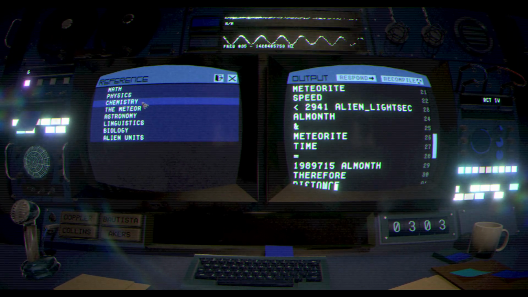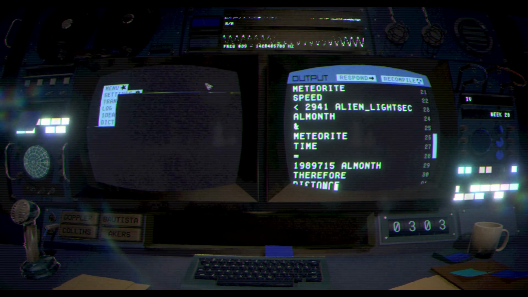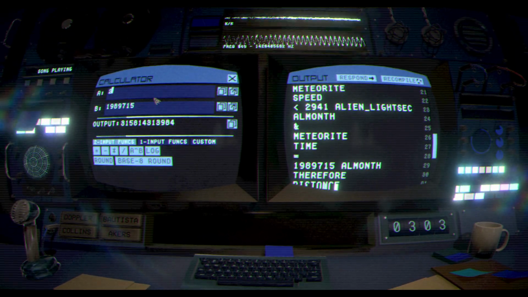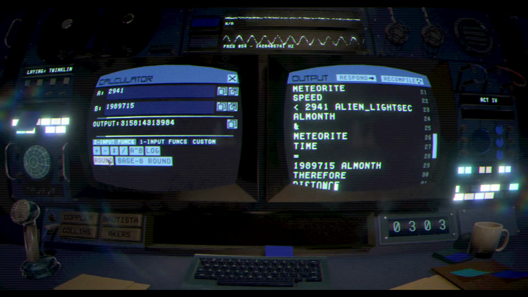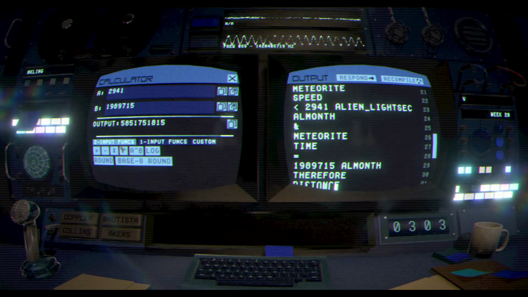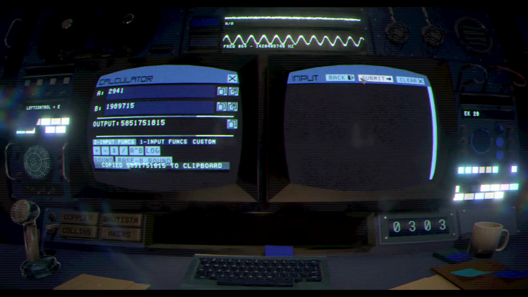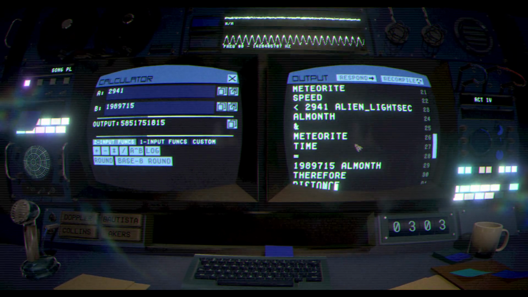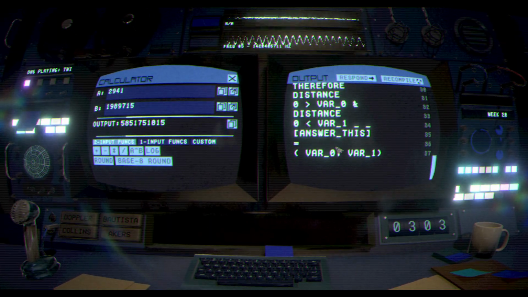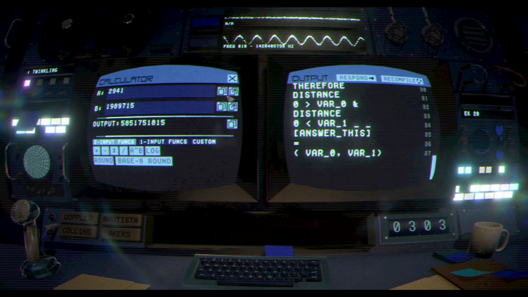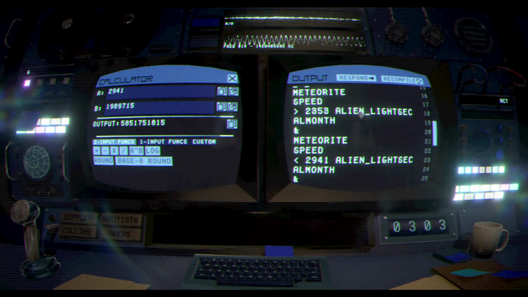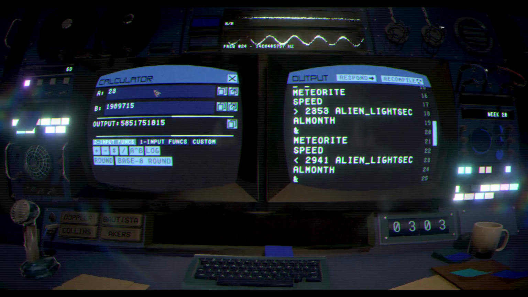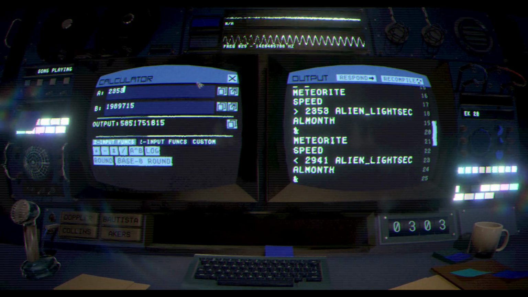Okay. So we don't need to grab the alien light seconds. 2941. Okay. And then the upper bound, that was the upper bound. 2353 is the lower bound.